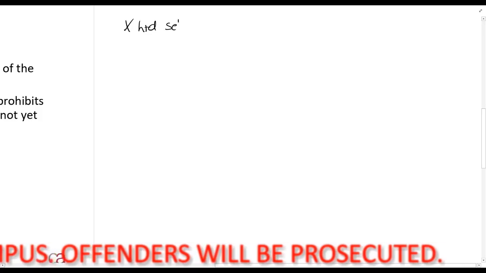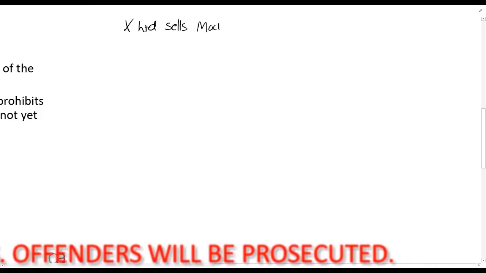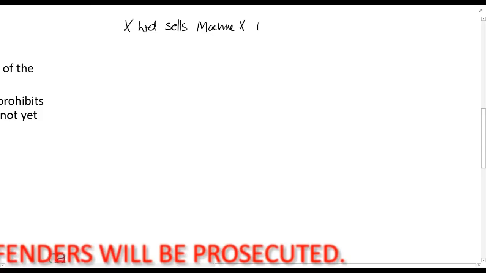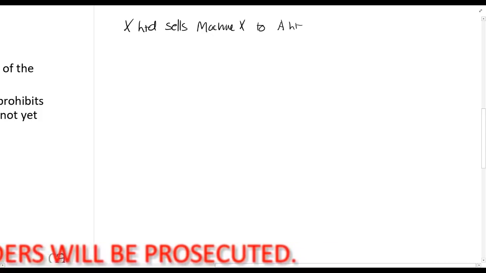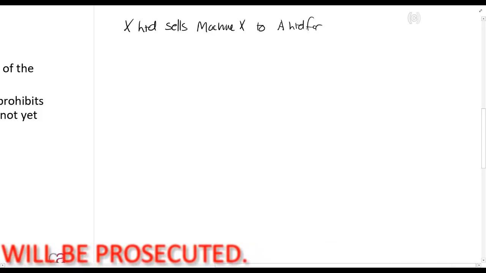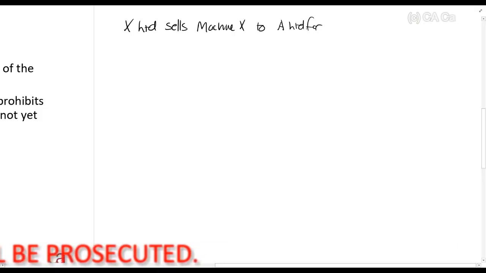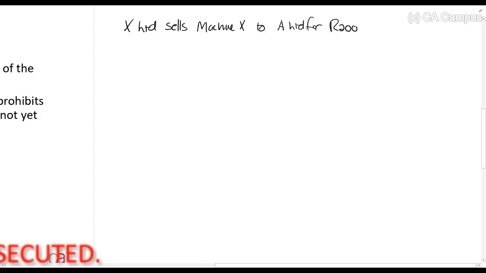Okay, so for example, X Limited sells machine X to A Limited for, let's say, 200,000 rands.